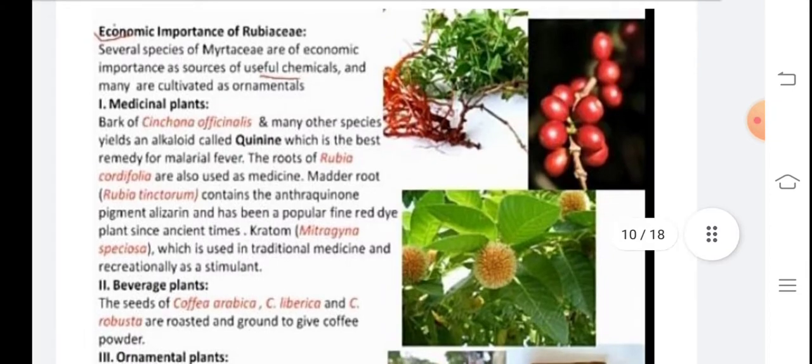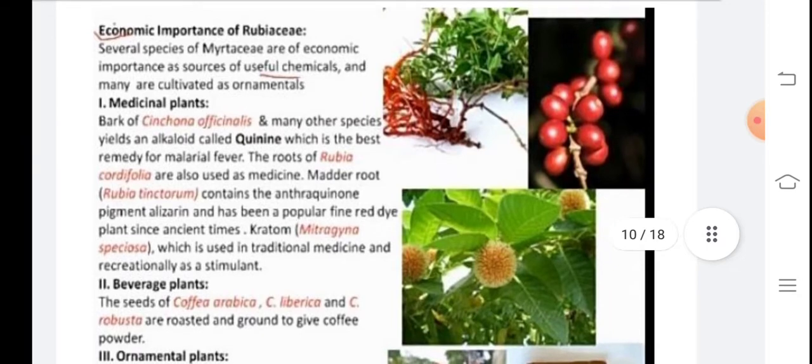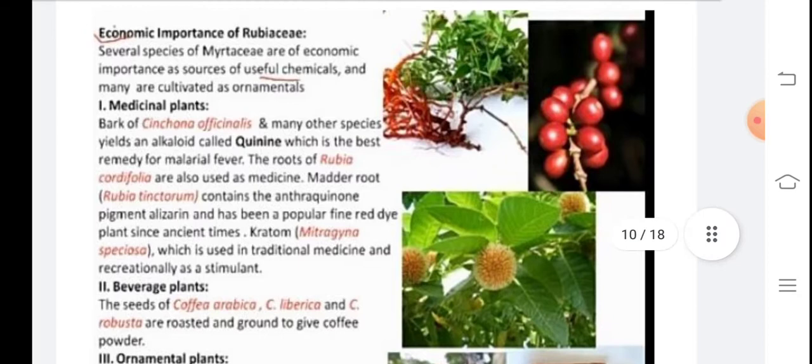Roots of these plants are generally used as medicine. Then Rubia tinctorum, called manjista in Marathi. Here anthraquinone pigments are present, which are used as a red dye, and it is obtained from the stem or the roots.